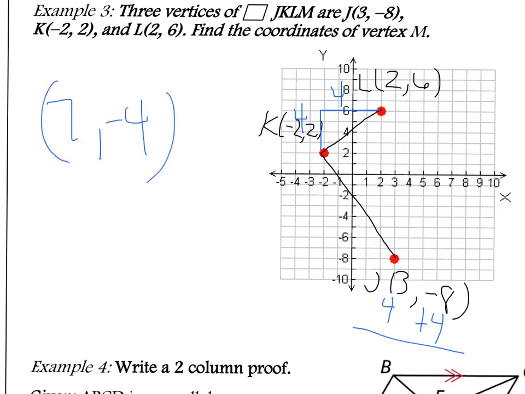Oops, I didn't go up 4, I went up 3. You can either do that from the graph, or you can do it just by adding to the coordinates. Either way, it's going to get you the same thing. In order to make this a parallelogram, that point has to be at 7, -4, so that the opposite sides are parallel and congruent.